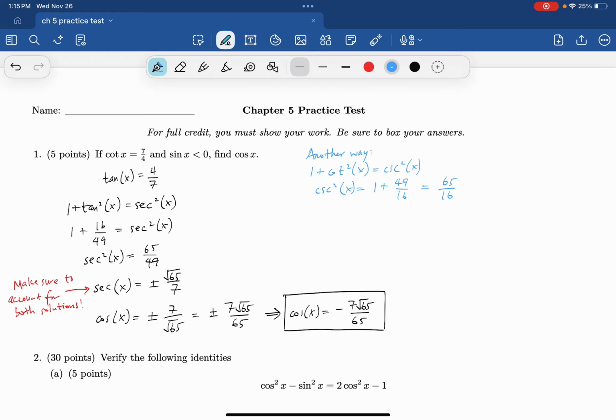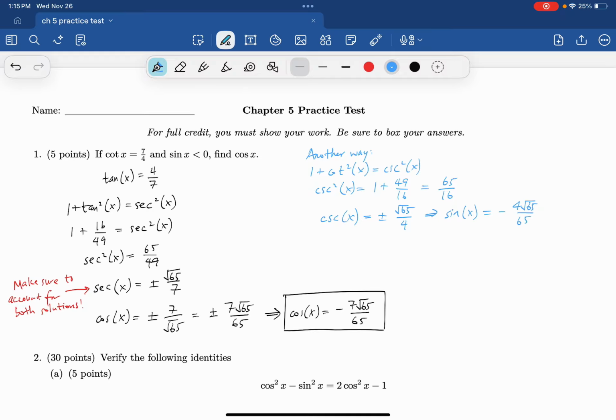And so that means cosecant x would equal, all right, we know it has to be negative because sine is negative. And so cosecant x would equal plus or minus root 65 over 4. And we're going to want to include the negative value only. So sine of x would be negative 4 root 65 over 65.